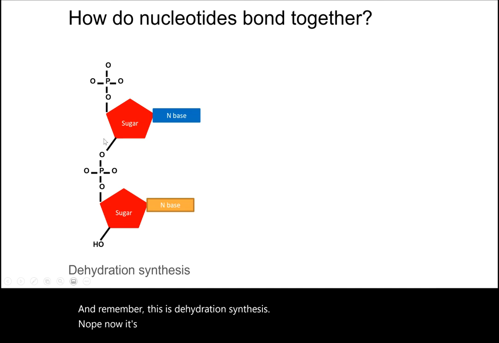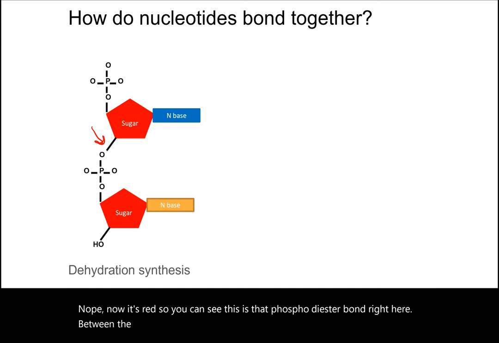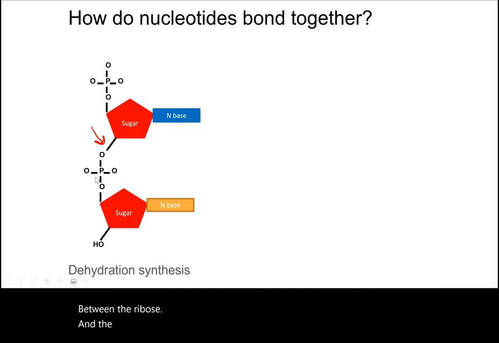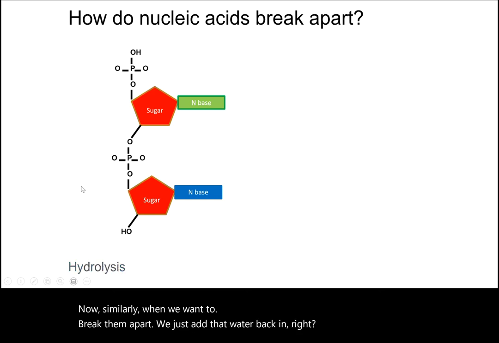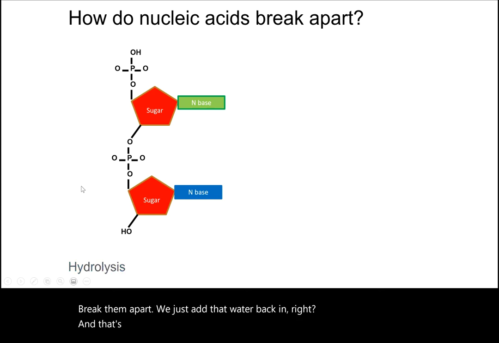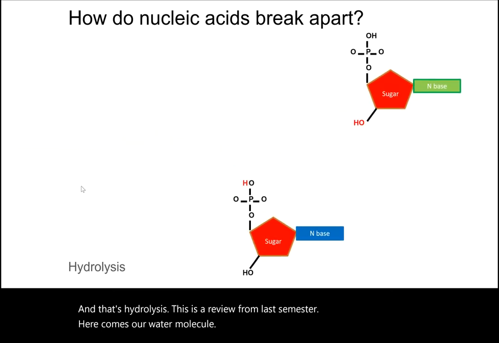So you can see this is that phosphodiester bond right here between the ribose and the phosphate. Now, similarly, when we want to break them apart, we just add that water back in, right? And that's hydrolysis. This is a review from last semester. Here comes our water molecule, and we split apart those nucleotides.